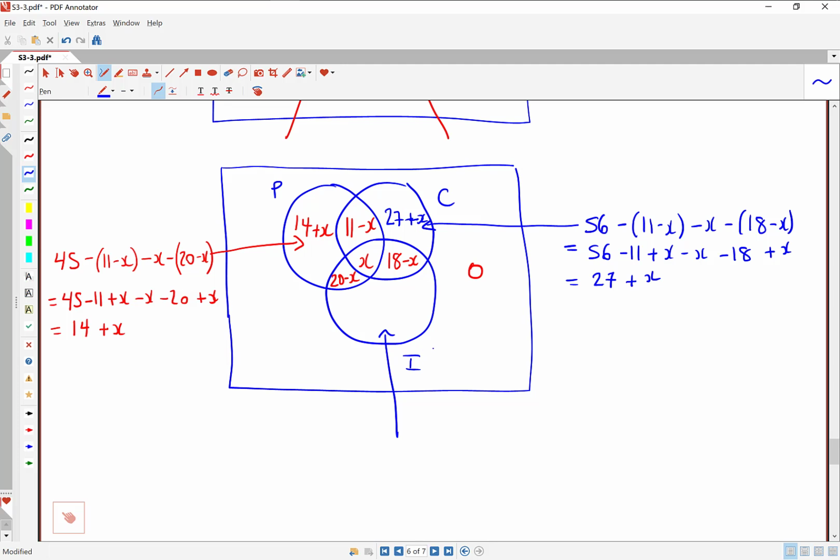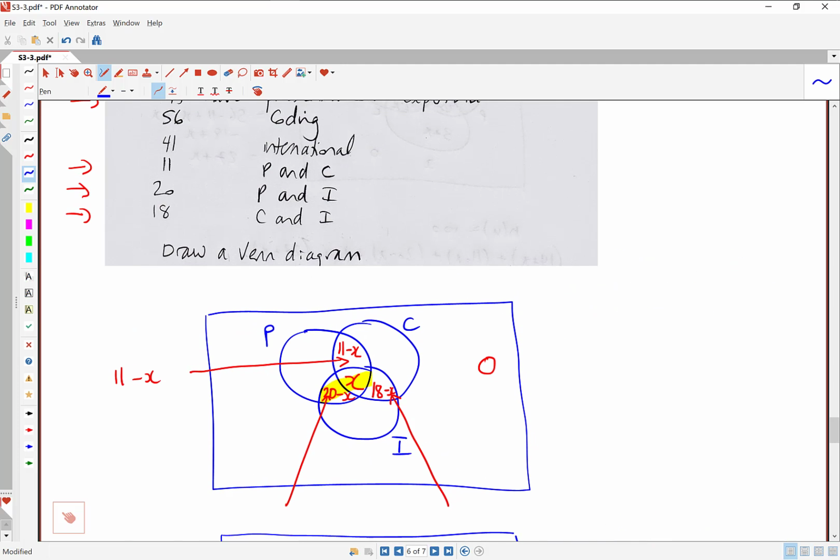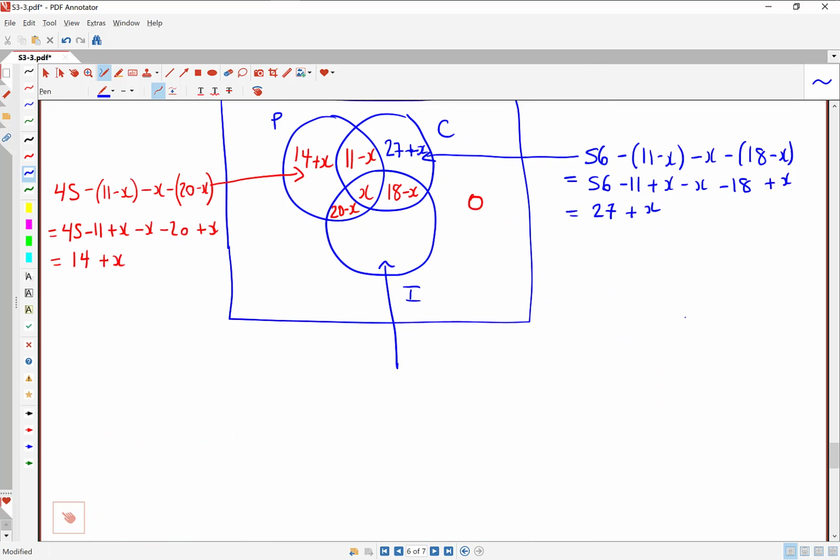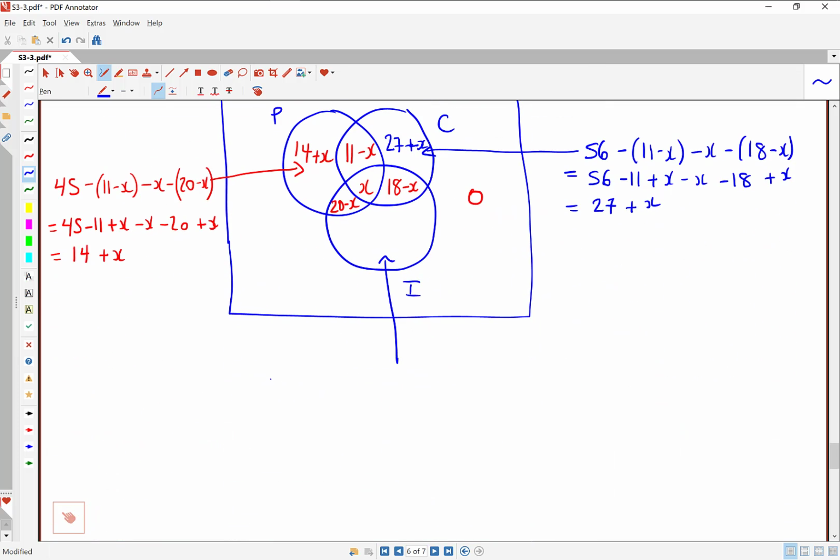So for international experience, scrolling back to the question, 41 of our applicants had international experience. So we'll go 41, and we need to subtract off the 3 numbers that are already in that circle I. So we'll bracket here, we'll subtract off 20 minus x, we'll subtract off x, and we'll subtract off 18 minus x.